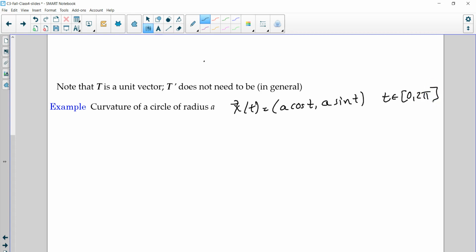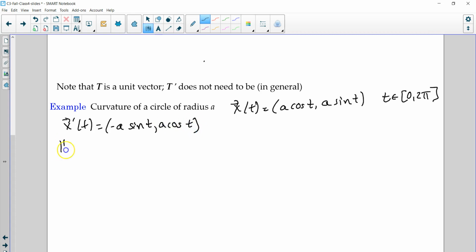We can use that parameterization. Then I need vector x prime of t eventually, and so that's going to be negative a sine t, comma a cosine t.